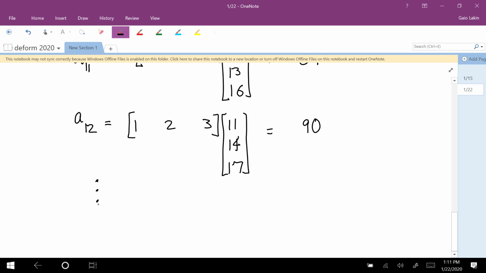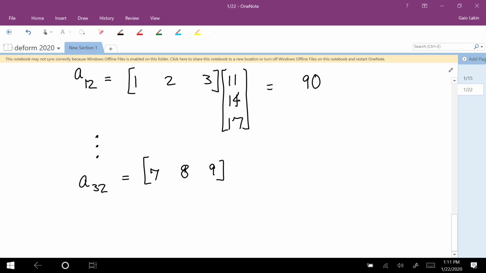And then I'll skip a bunch, but A32. What's the row of the left matrix that we're multiplying? Yep, 7, 8, 9. And what's the column of the right matrix? 11, 14, 17, yep. And for 3, 2, I think you get 342.